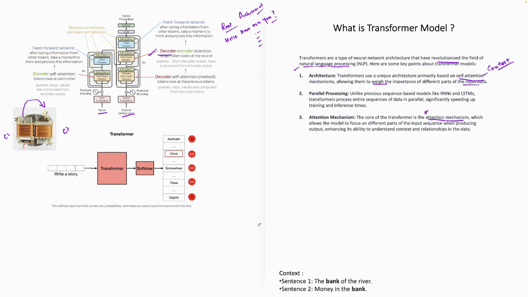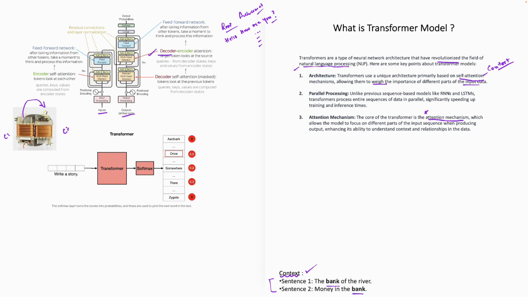Now it's very important: attention is directly related to the context. This model is so intelligent that it understands the context based on the input you are giving. A very good example we always give: in one sentence I'm saying the bank of the river, or I'm saying money in the bank.